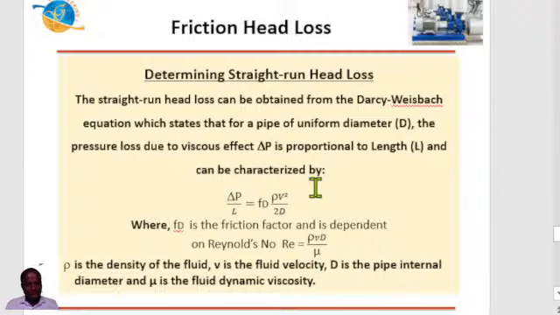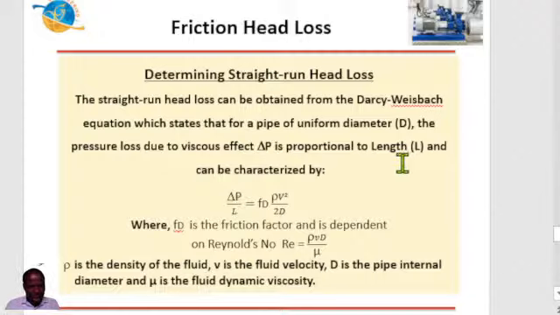The Darcy-Weisbach equation, if you can recall, states that for a pipe of uniform diameter D, the pressure loss due to the viscous effect is proportional to length L and can be characterized by this expression. So here your delta P is the pressure loss.